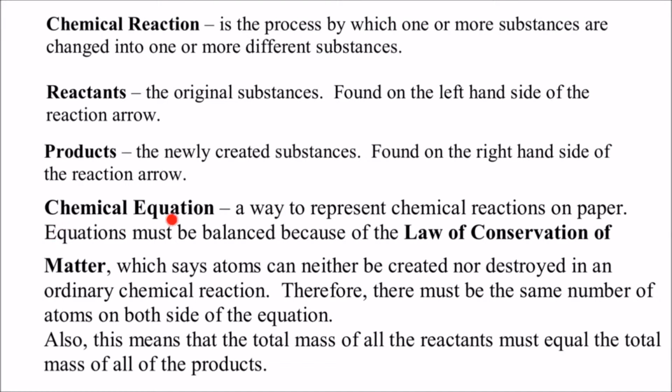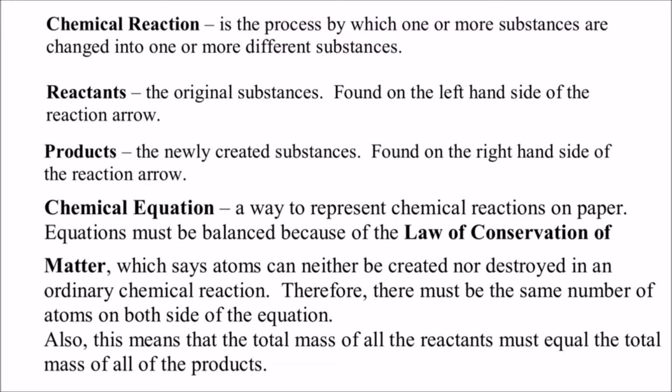A chemical equation is a way that we represent a chemical reaction on paper, and it has to be balanced because of the law of conservation of matter, which says that matter or mass cannot be created or destroyed. And so we have to make sure that they agree on both sides of the equation.